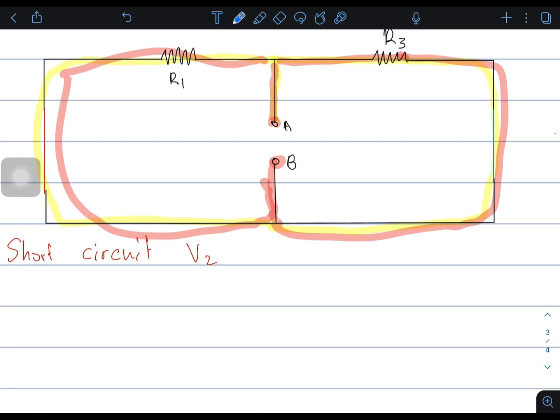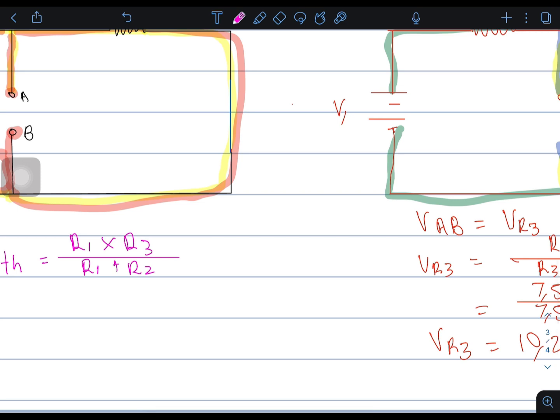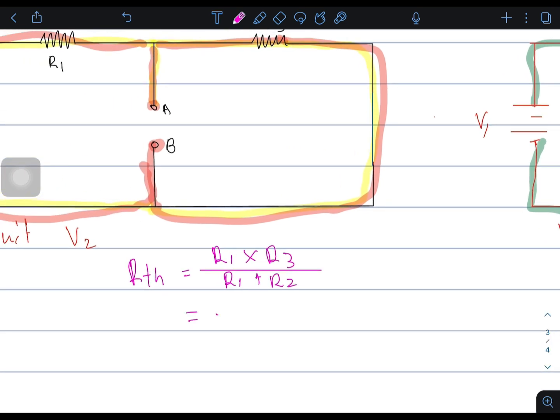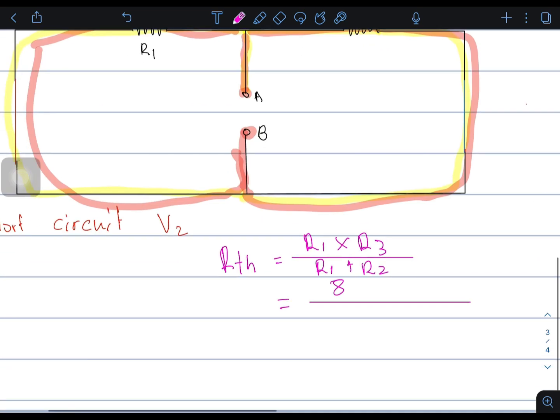So that means the Thevenin resistance is equal to R1 times R3 over R1 plus R3. So that is going to be R1 is 8 times 7,556 over 8 plus 7,556.